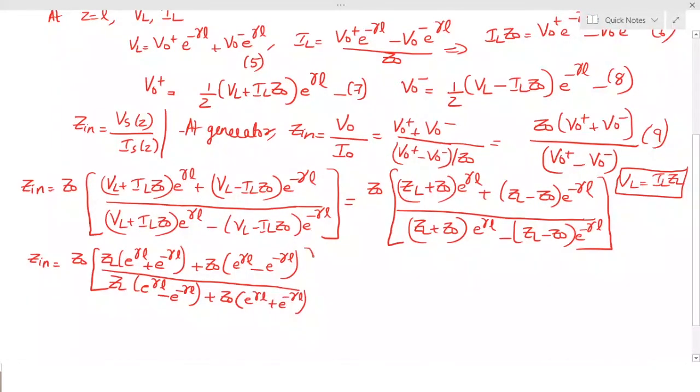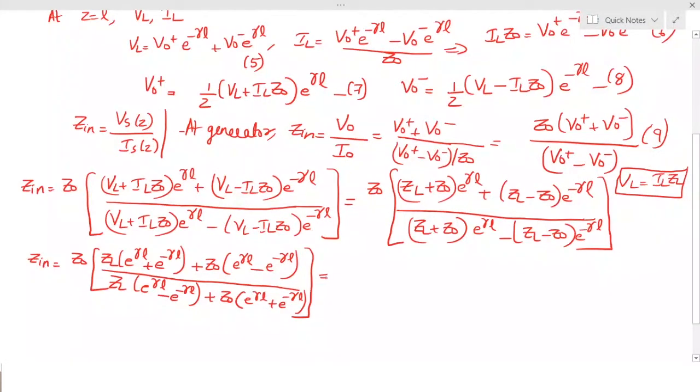You will be getting like this. But one thing you should know is e raised to gamma L plus e raised to minus gamma L is 2 cosh gamma L. Similarly, e raised to gamma L minus e raised to minus gamma L is 2 sinh gamma L.